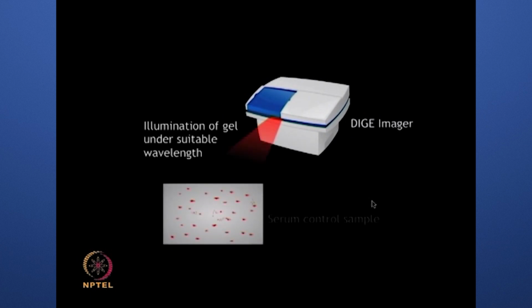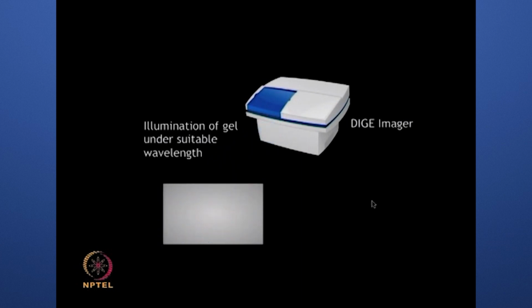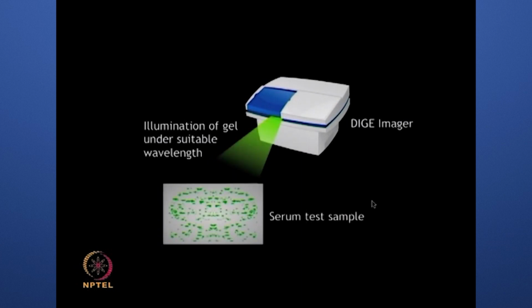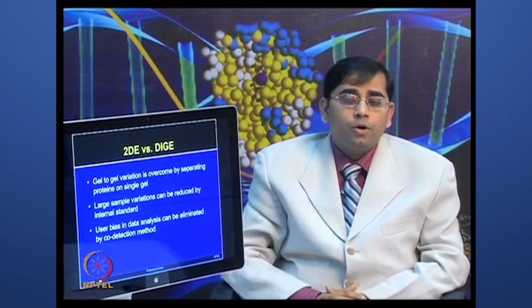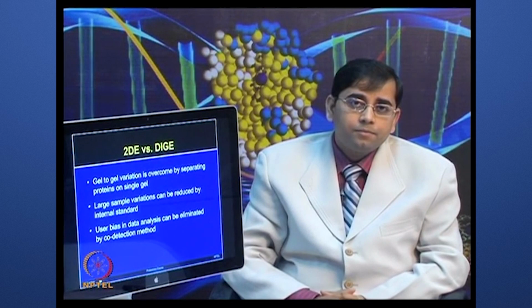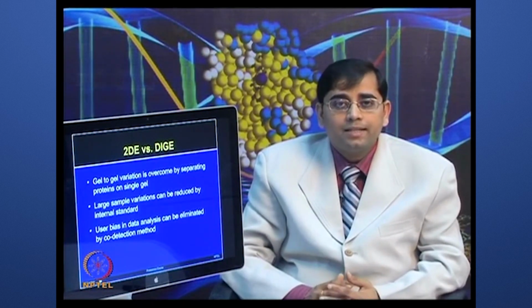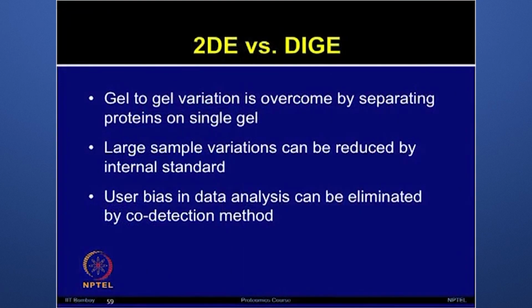Finally, you can scan the gels by using a DIGE imager. Okay, so now you have good clarity on the disadvantages of two-dimensional electrophoresis and the advantages of DIGE.